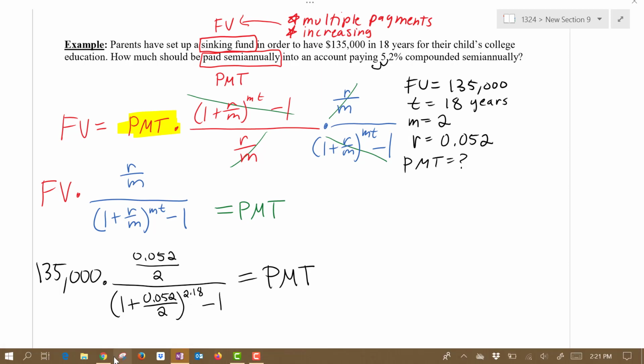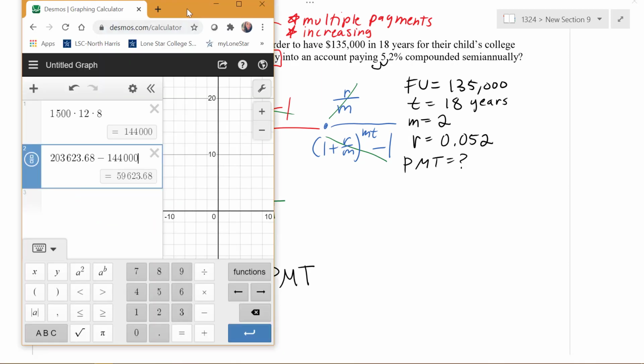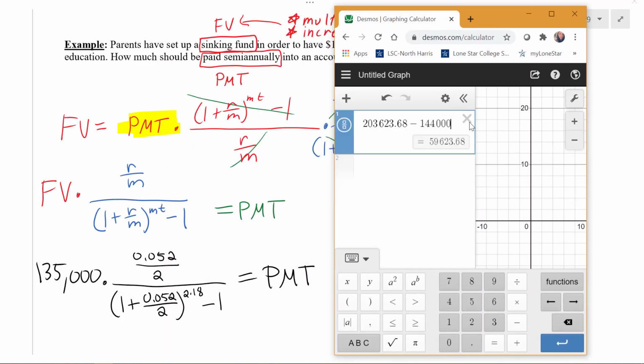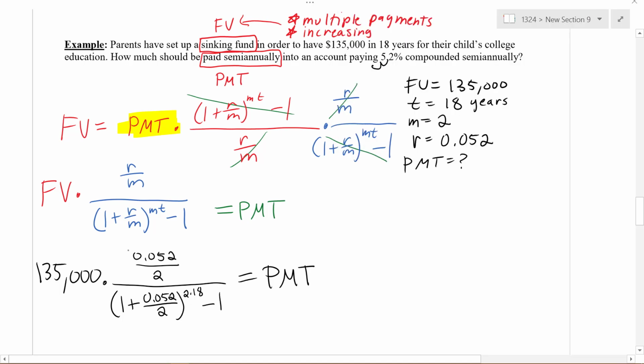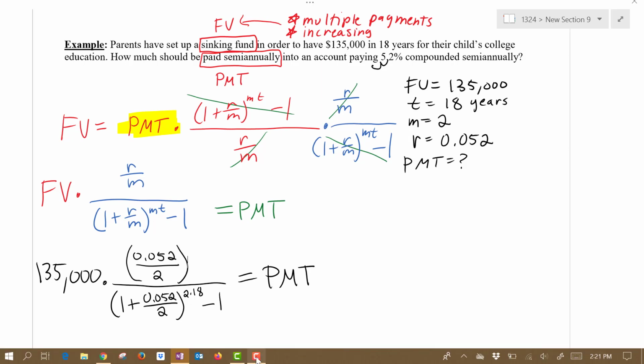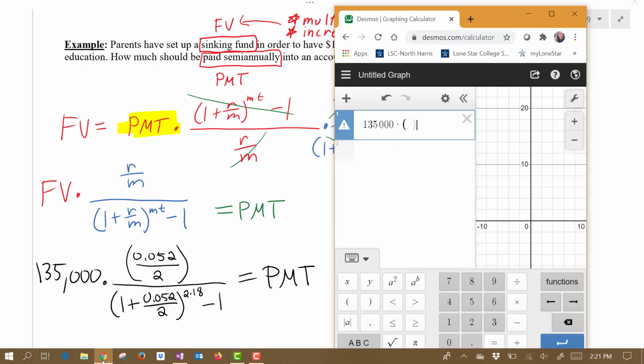Okay, once again I'm going to pull up my calculator, and we'll put all of this in. Just to be on the safe side, and there are lots of different ways you could do this, anytime you want to enter parentheses, it's a good idea.